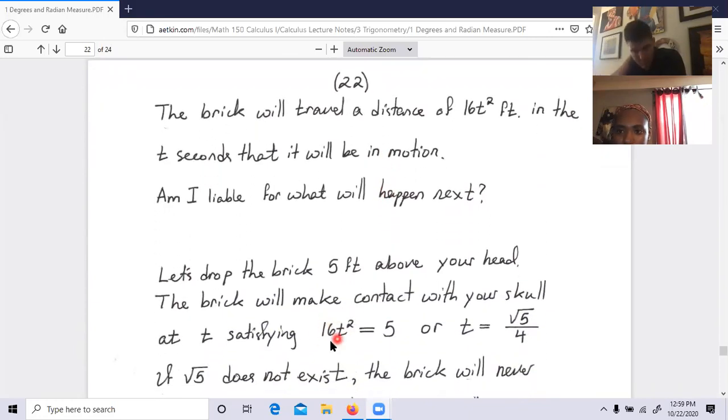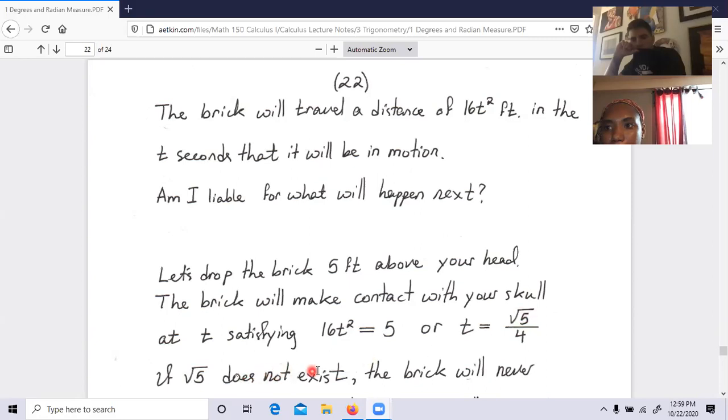If it hits your head, there is a particular moment of time where it comes in contact with your skull. And so that moment of time satisfies 16t squared equals 5. And that means that the time of impact is root 5 over 4. It is exactly root 5 over 4.